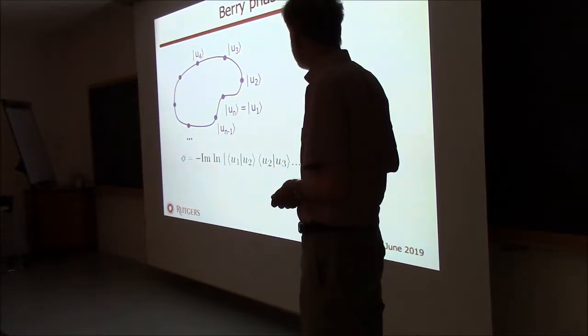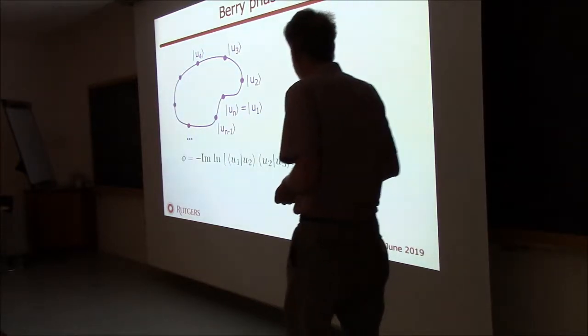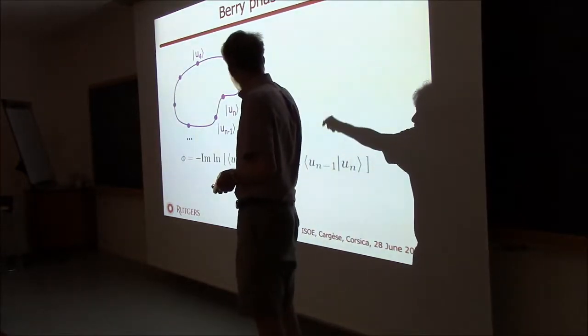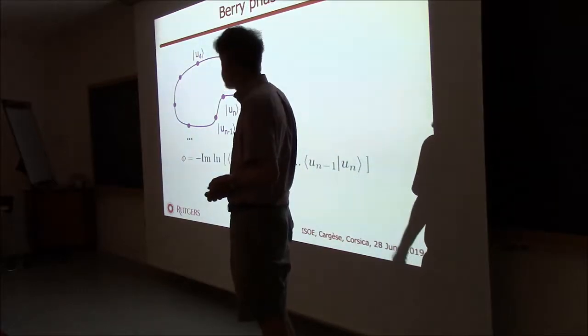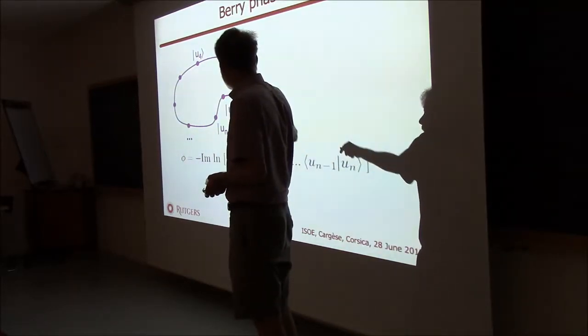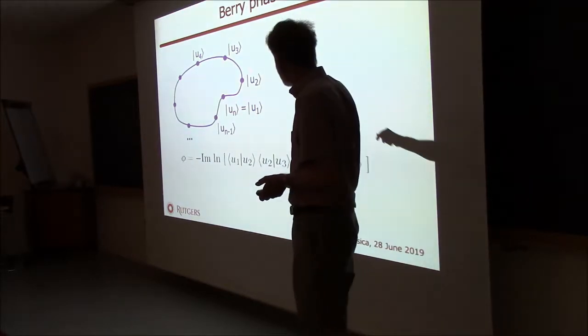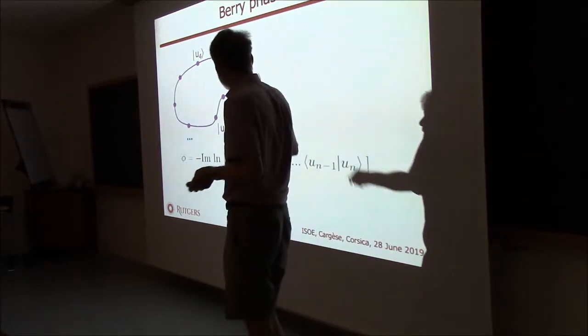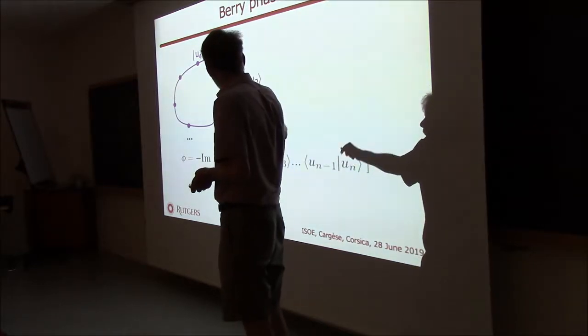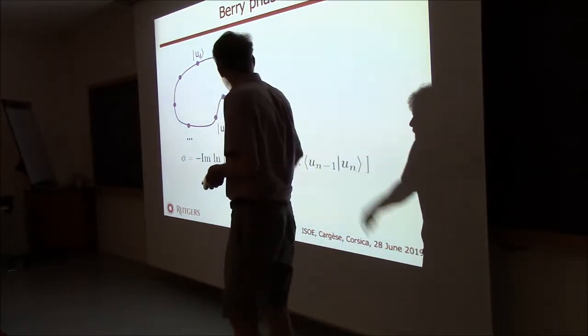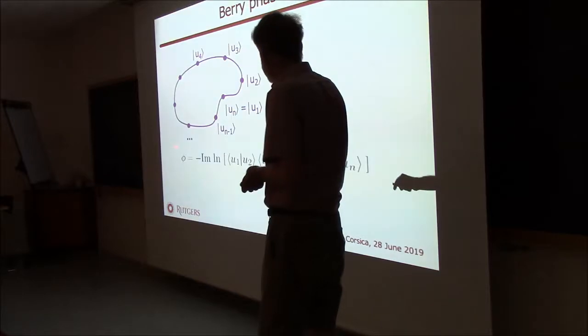So what we're doing here is starting with the discrete representation. So we have 1, 2, 3, 4, 5, 6, 7 wave functions, or complex vectors in some complex vector space, but I'll think of these as the ground states of some wave functions, or maybe they're Bloch states of different wave vectors. I label them u1, u2, up to u_{n-1}. And then I construct this object.